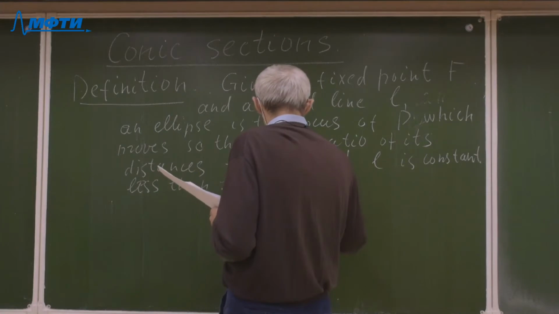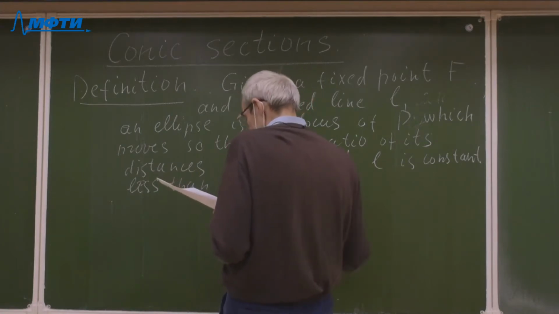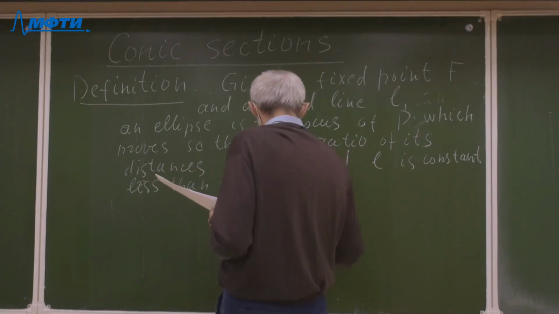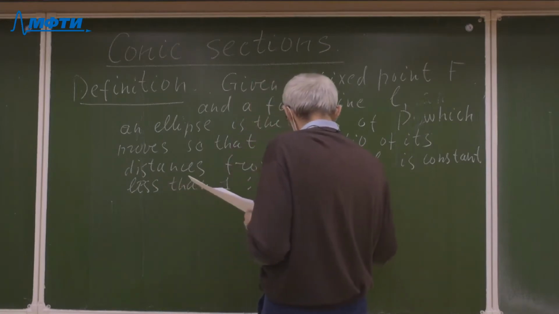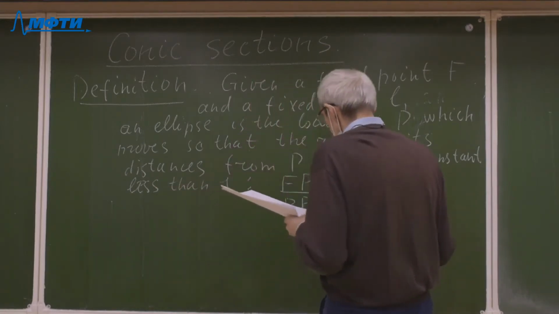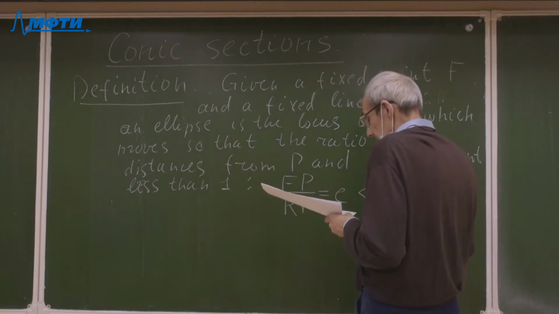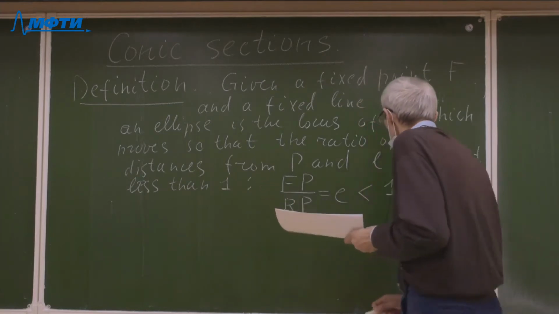Namely, the ratio FP to RP is equal to E, less than 1.